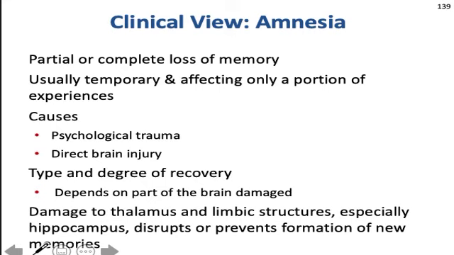The type and degree of recovery depends on the part of the brain that's been damaged. Damage to the thalamus and limbic structures, especially the hippocampus, can disrupt or prevent the formation of new memories, because remember that that's our mechanism for receiving the stimuli and then storing them back in the cortex.